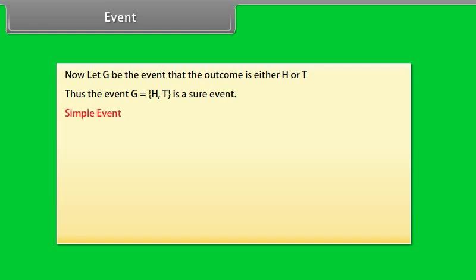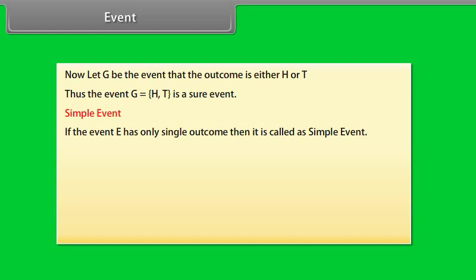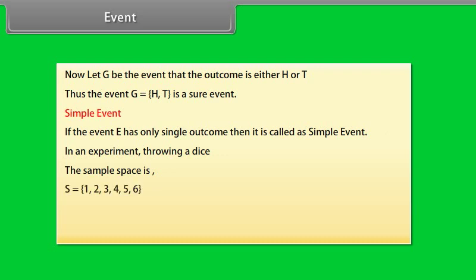Simple event. If the event E has only single outcome, then it is called a simple event. To understand it, let's take an example. In an experiment, throwing a dice, the sample space is S is equal to {1, 2, 3, 4, 5, 6}.